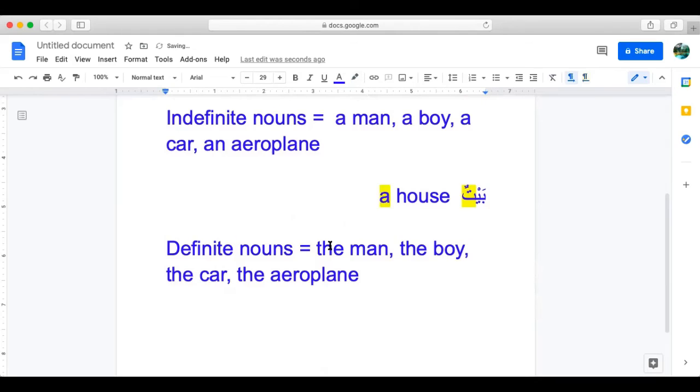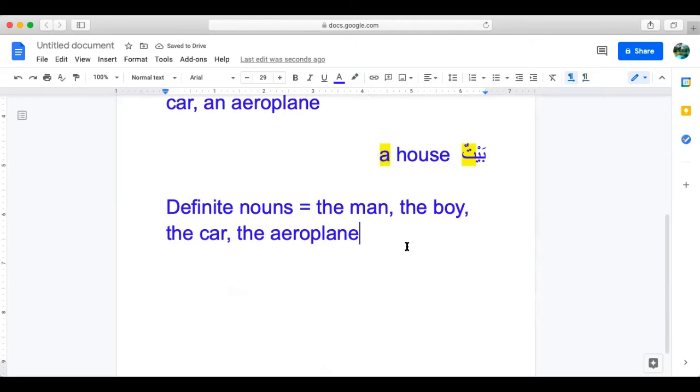So what we do the same for definite nouns. So how do we make baytun definite? We add an alif and a lam. So this alif lam at the beginning of the word makes it al, bay, and then we have one vowel at the end, al baytu. So this is important.